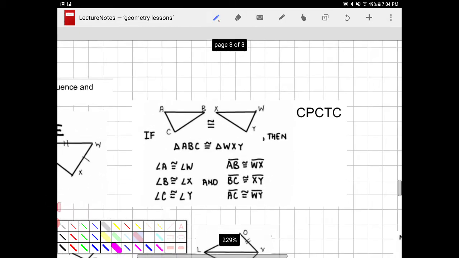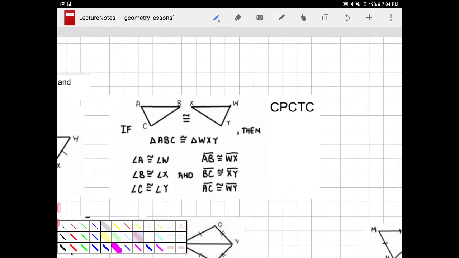If two triangles are proven to be congruent, then based on the rigid motion that we talked about in the past couple lessons in Unit 2, the two triangles are congruent, so therefore the corresponding parts of congruent triangles must be congruent.